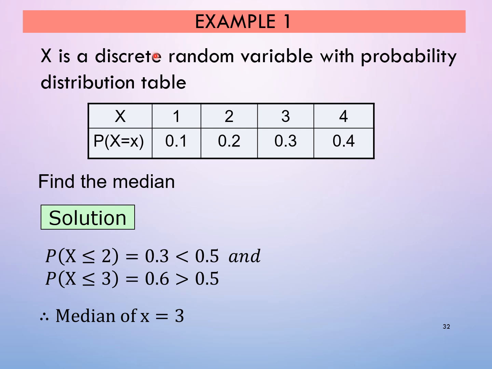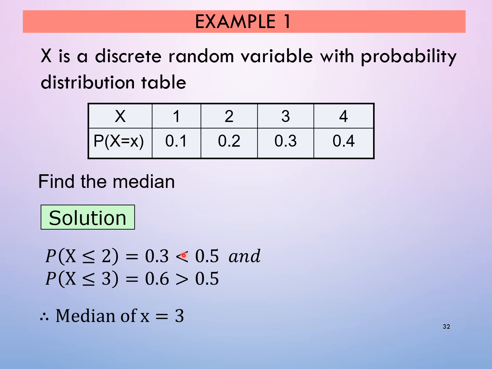Example 1. X is a discrete random variable with the probability distribution table given. So now we need to find the median. Solution. We simply take any two values from the x here. First one is probability x less than or equal to 2. Remember that this less than or equal sign means the cumulative.